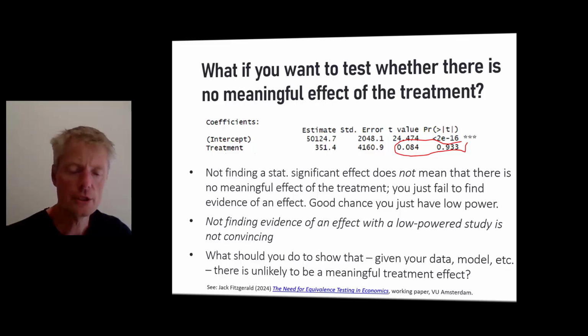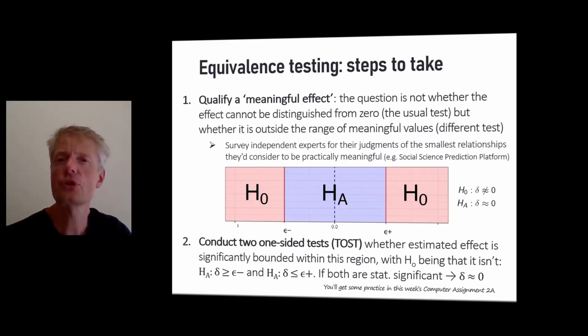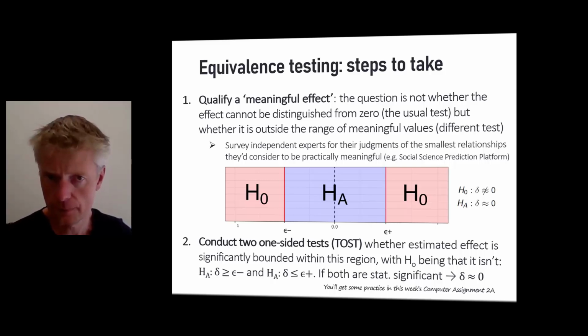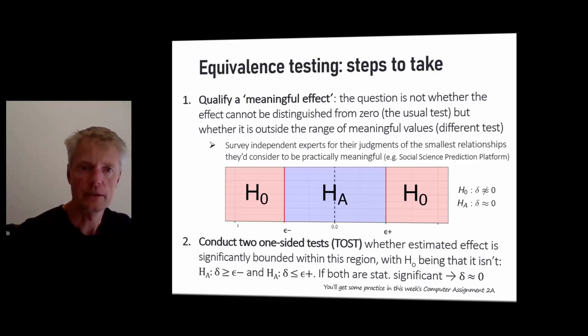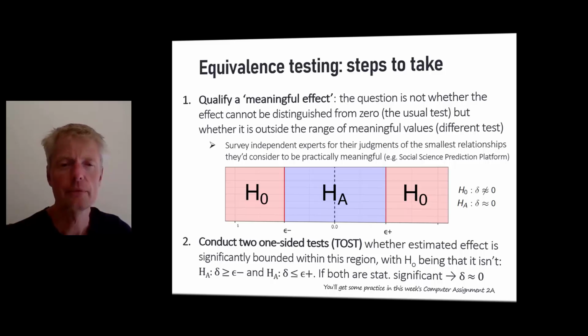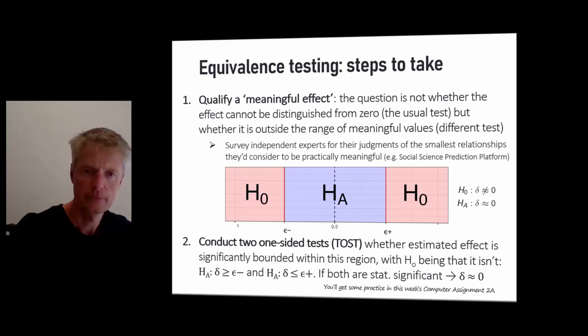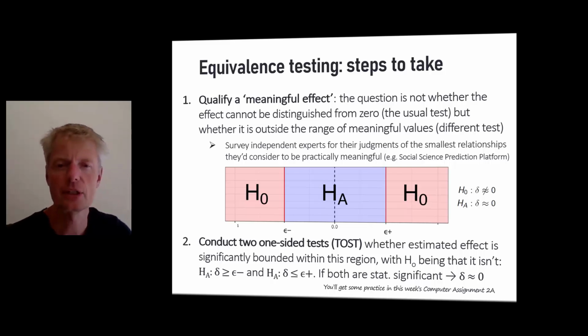Now, what you then do is a so-called equivalence test. You basically take two steps. First, you quantify what a meaningful effect is, and that's shown here in the graph. So say that you think a meaningful effect size should be at least, it's called epsilon plus here, say 2%.